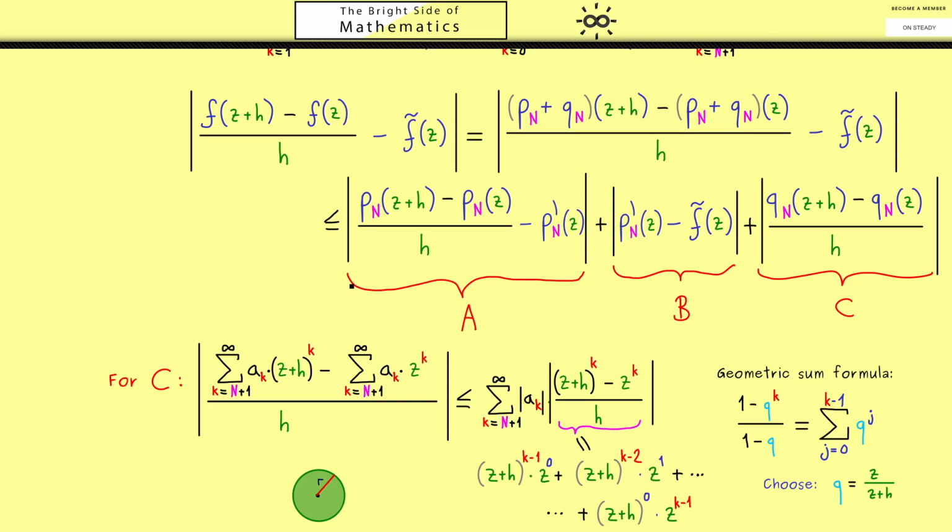After this, in the last part, we simply take the limit h to 0 on both sides. Then a will vanish and we have the fact that this limit here is smaller than our epsilon. To put it in other words, the limit is arbitrarily small and therefore the limit has to be 0. And there you see, this concludes the whole proof.